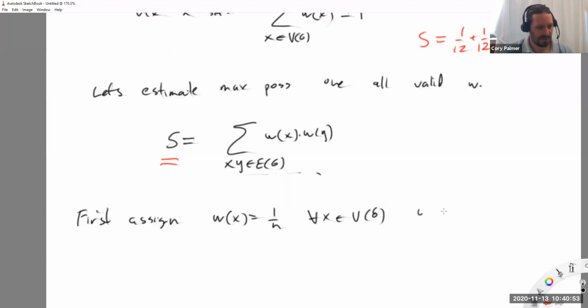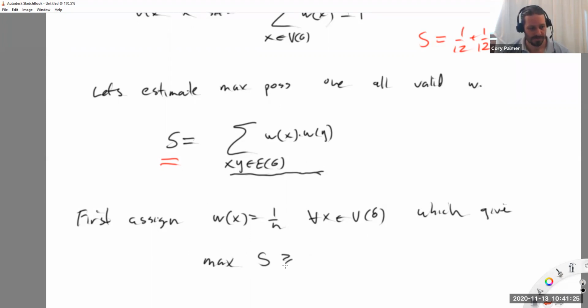Which gives us a bound on the max possible S. If I give a specific assignment of values and compute this function, that gives a lower bound on the biggest S could be, because it's a valid quantity S could take on, but maybe there's a better assignment that's even bigger. So an actual assignment and a computation is a lower bound on the maximum of S.